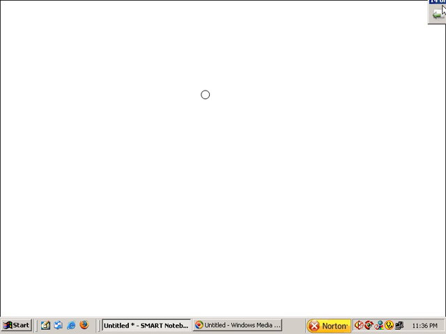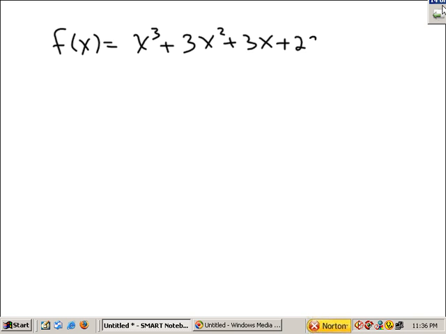Okay, let's try another one. How about we have this? I think this would work. Suppose f of x is equal to x cubed plus 3x squared plus 3x plus 29.